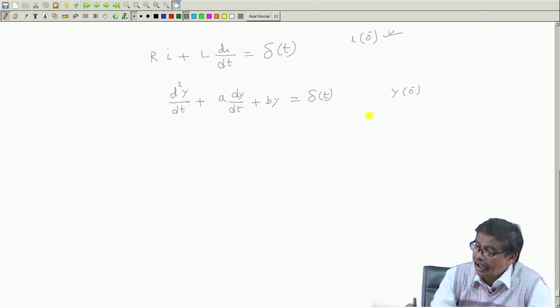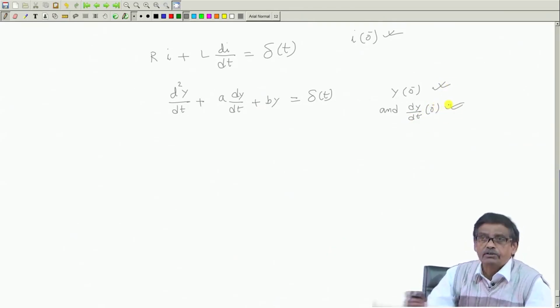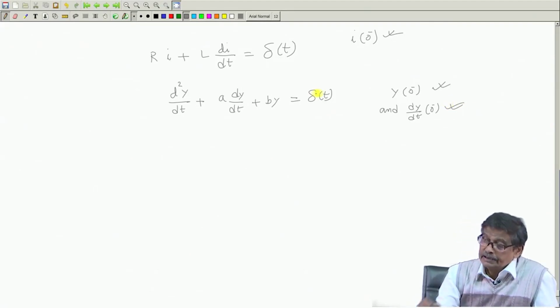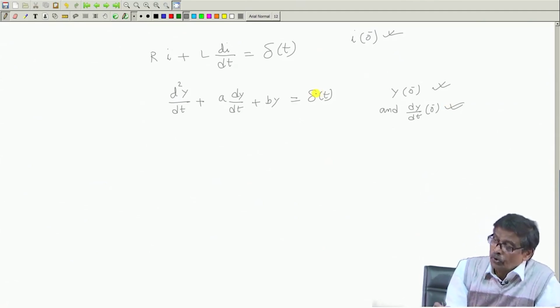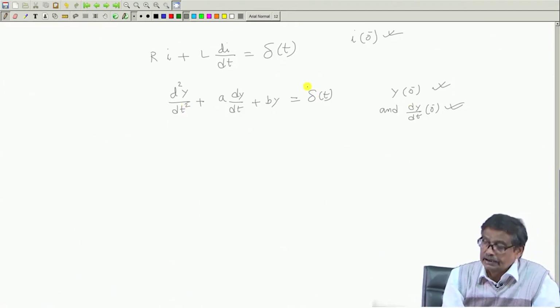These values must be known, then only I can completely solve the circuit. This impulse function is of no help directly, so what will I do? I will first multiply this with dt to make it a finite thing, delta t dt.